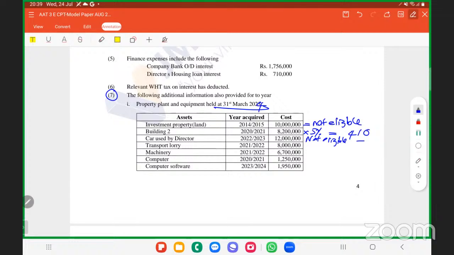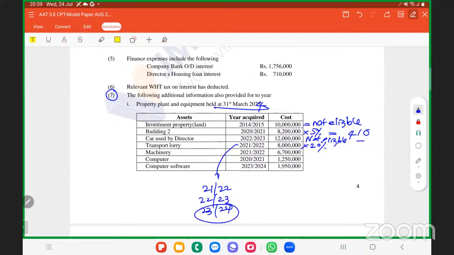The transport lorry is for business purposes. The lorry was purchased after 1st April 2018, so that is 20%. The 20% means 5 years. What is the year of purchase? 21/22, then 22/23, and now we are in 23/24. This is the 3rd year. You can take another 2 years.